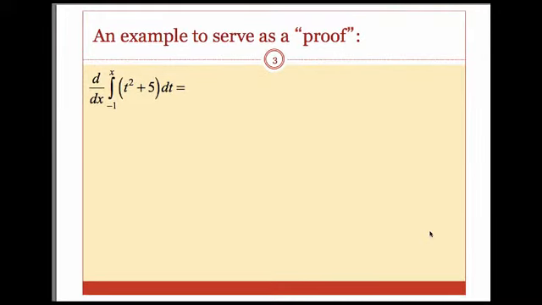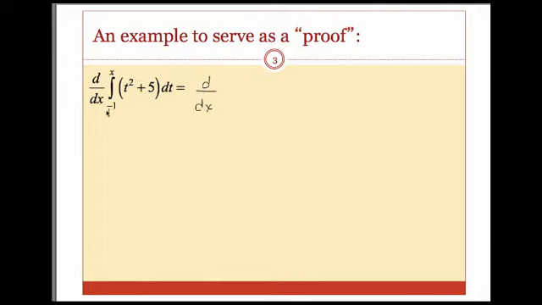All right, so the one I thought we could work out is the derivative of the integral from -1 to x of t squared plus 5 dt. And we're just going to take it in bits and pieces, so let's do the integral part first. That's like what we learned yesterday, so I'm just going to keep the derivative notation out in the very front.